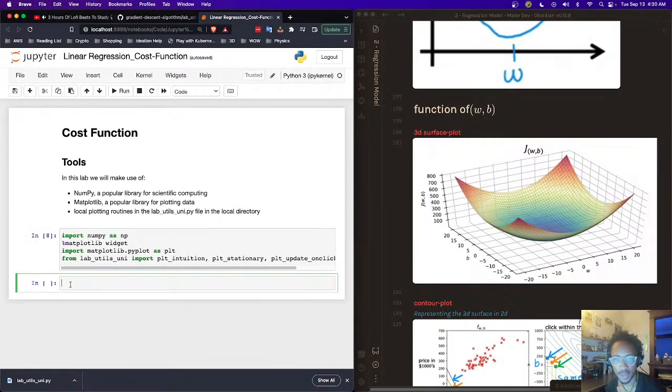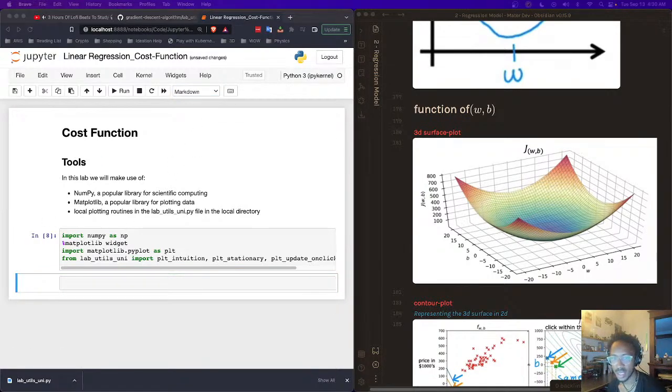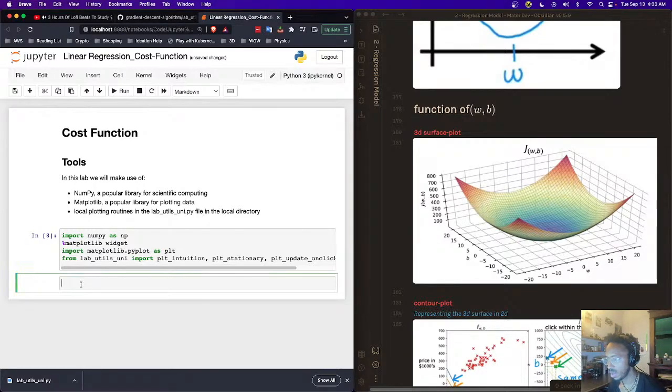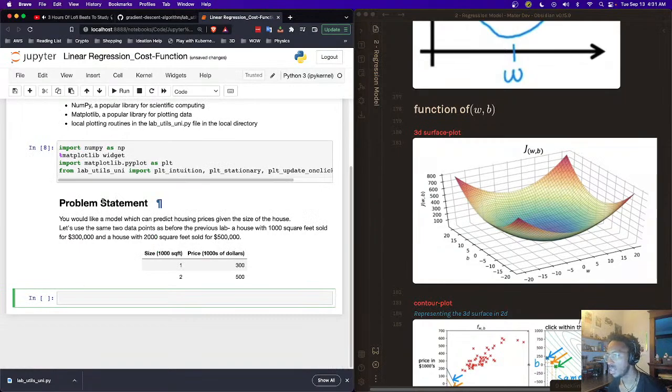Okay, so we have a problem statement that we're going to work through, and I'm just going to copy this because I don't need to type this part out myself. You would like a model which can predict housing prices given the size of the house.